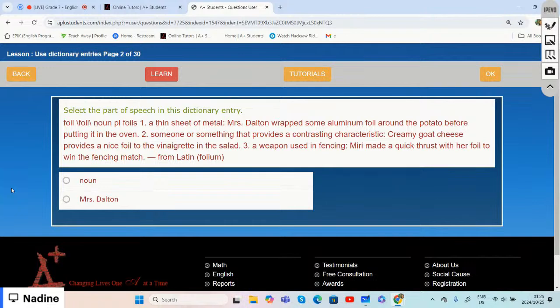The part of speech. And if we were to select the part of speech, then it would be option one. It is a noun.